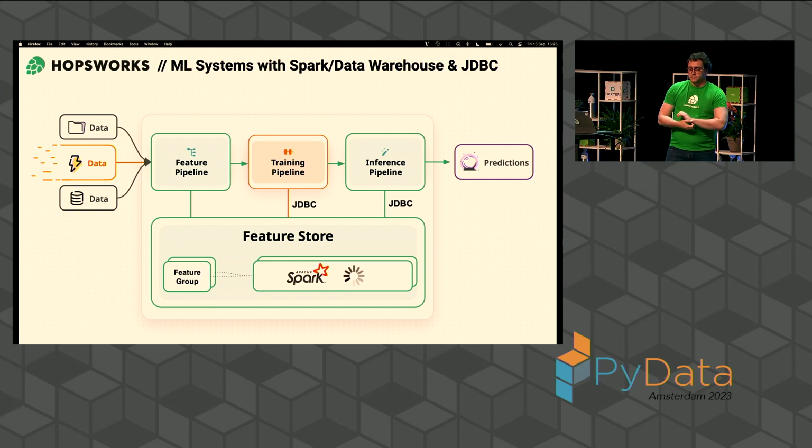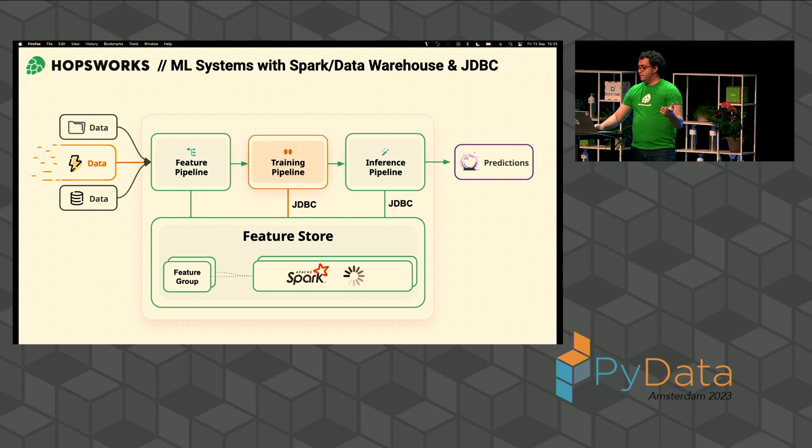The way the feature store works essentially is that Spark was used for joining different features together and passing them to either the training pipeline or the inference pipeline using the JDBC protocol. JDBC is another source of performance issues, and Till is going to dig into details on why.